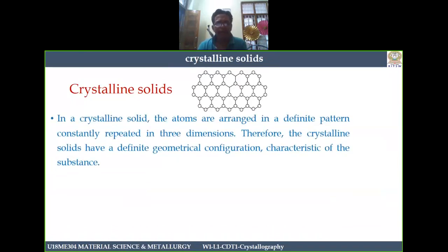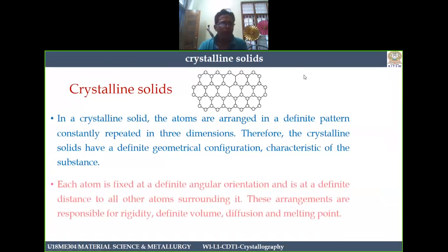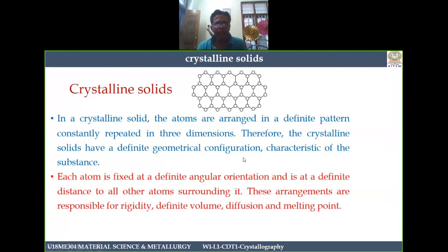In this, the atoms are arranged in a definite pattern, constantly repeated in three dimensions. Therefore, crystalline solids have a definite geometrical configuration, characteristic of the substance. So you can see the pattern is repeated in three dimensions.